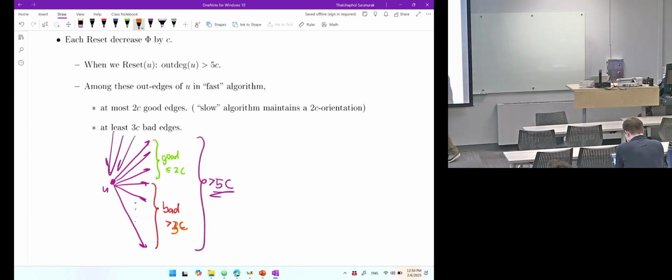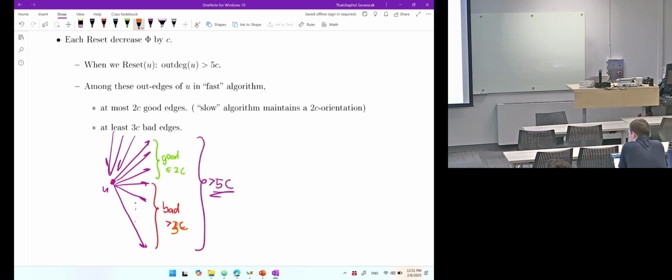Among 5C flipped edges, only 2C can be good, so at least 3C are bad. Then let's think about what happens when we flip these edges. When we flip a good one, the potential will increase, right?